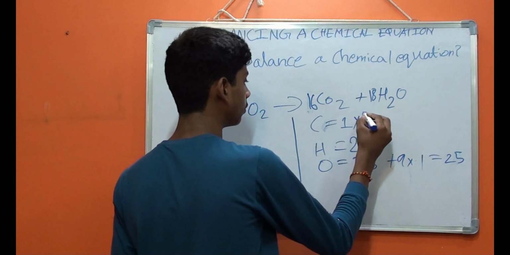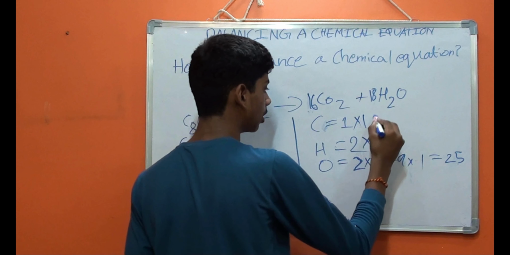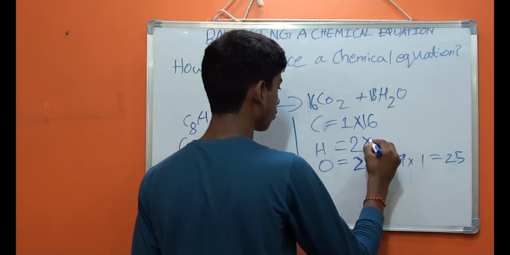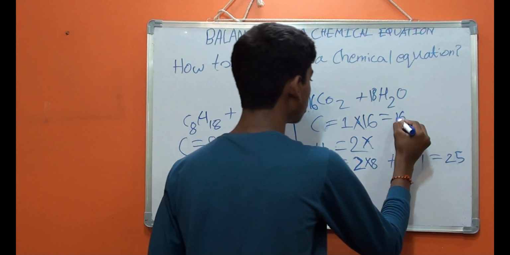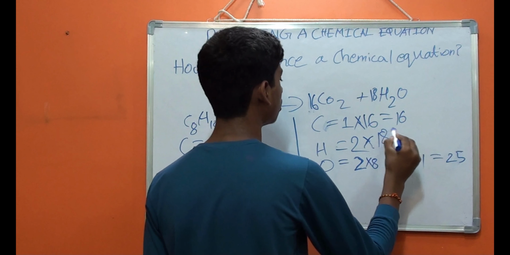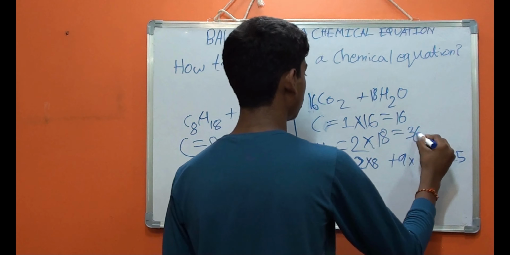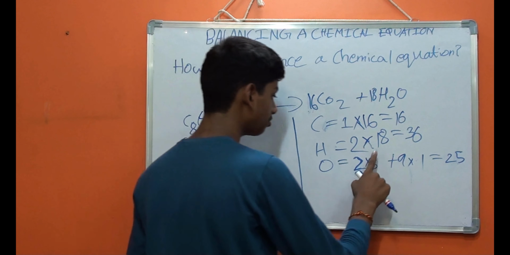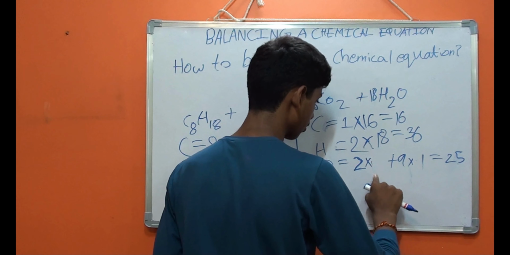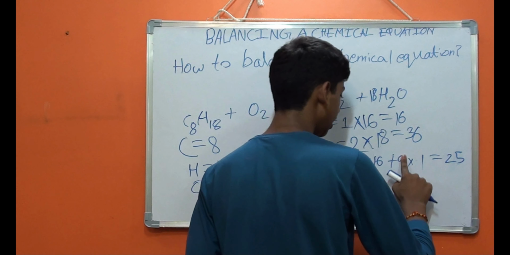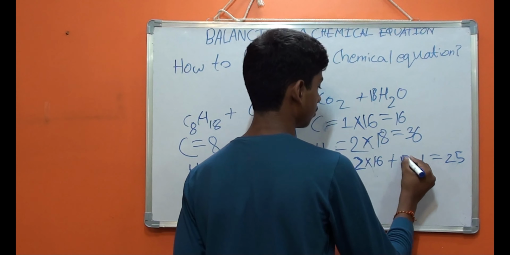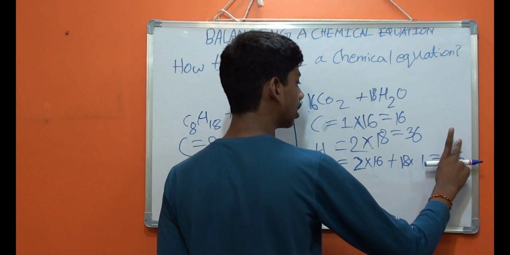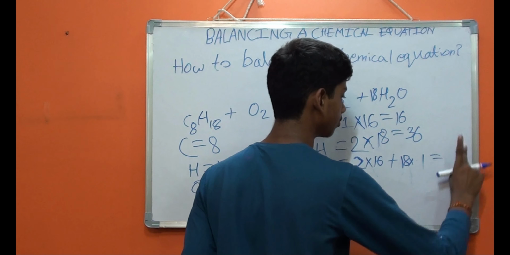Now we take 16 and we multiply it, so we get 16 carbon atoms and 36 hydrogen atoms. Then we multiply 16 instead of 8 and 18 instead of 9. Then we get the answer as 50.